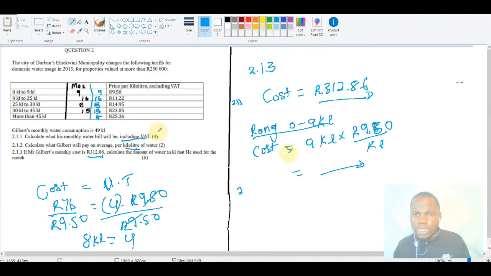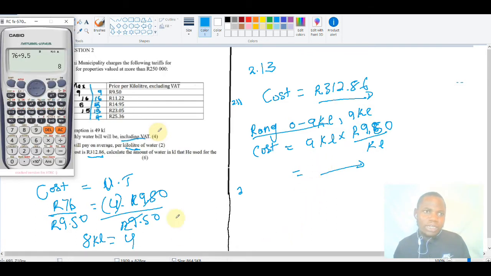So if we use 9 kiloliters, that can be accounted according to the first range, and then we calculate that. What was the answer there? We calculated that already. So you say 9 times 9 rand 50. So what is the cost there? The cost is 85 rand 50.